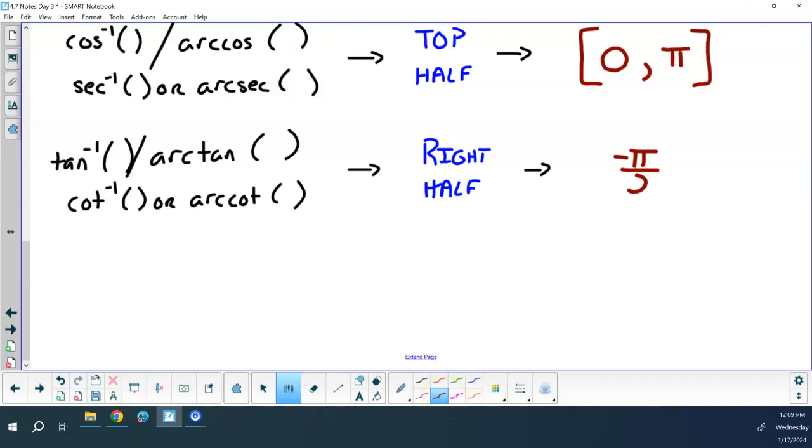Inclusive or exclusive on them? Exclusive? Yep, we keep them out because those are asymptotes. So we kick those out.